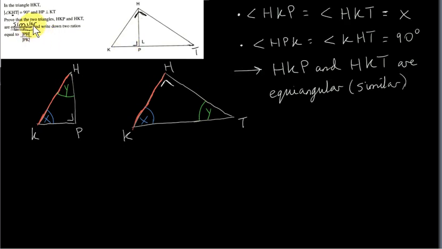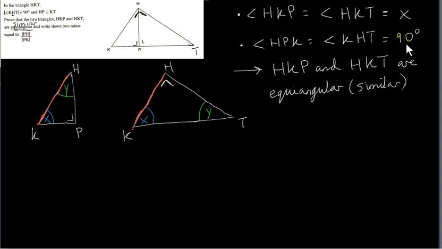So that answers the first question. Angle HKP, which is X, equals angle HKT in the large triangle, because the two triangles overlap at this corner here. And we have that angle HPK, this angle here, equals angle KHT, which is this angle here, are both 90 degrees.